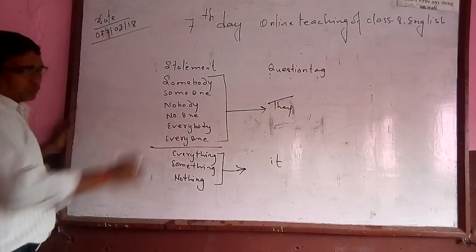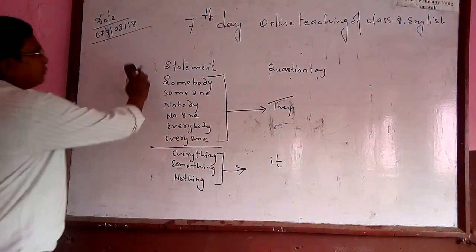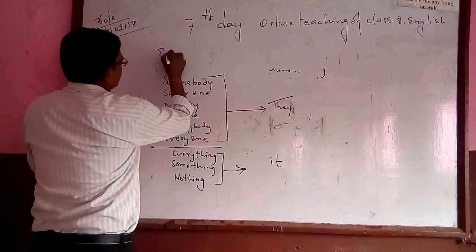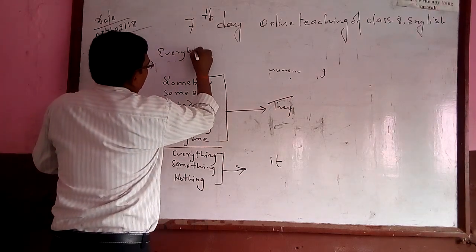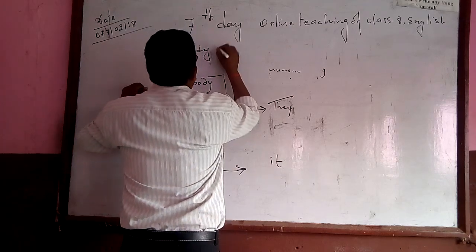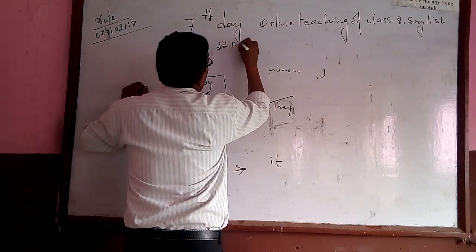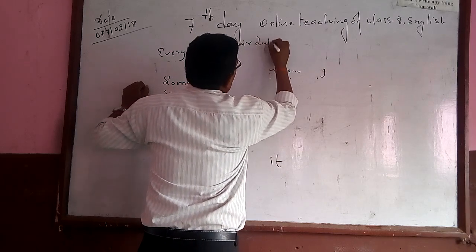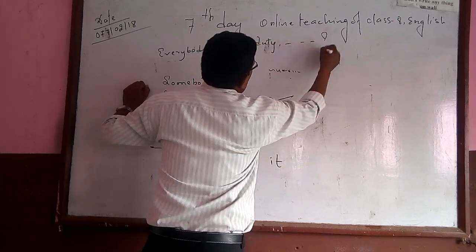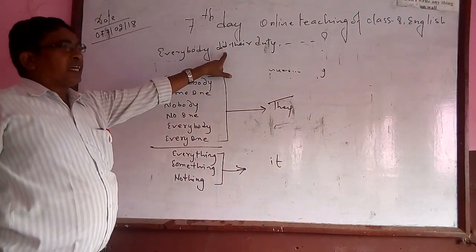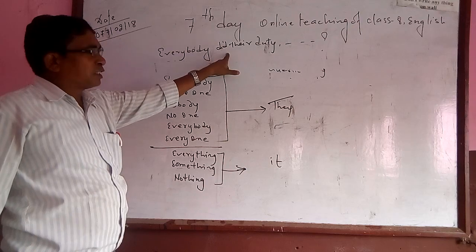For example, how you see here, everybody did their duty. See here, everybody did their duty. So here is did, either you think helping verb or you think it is the verb too.